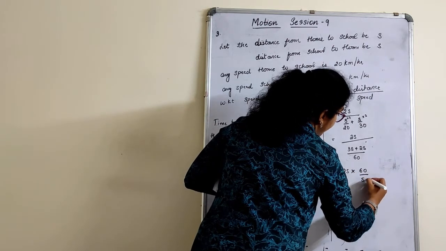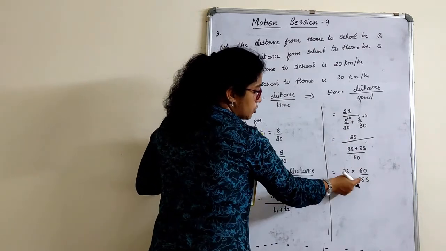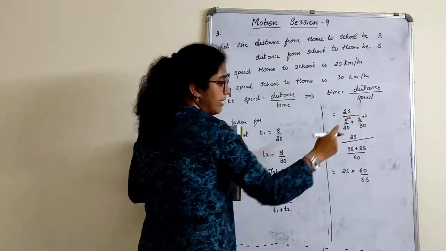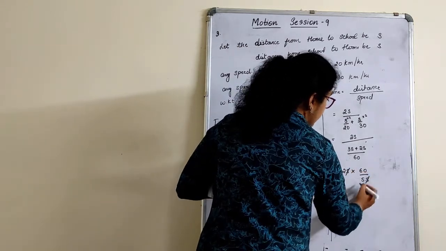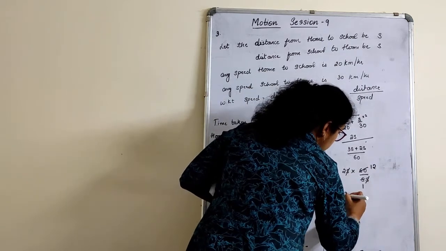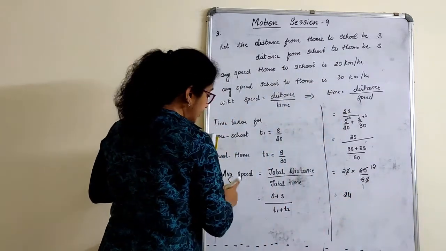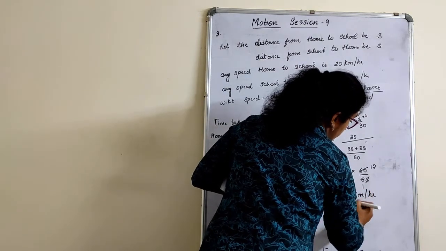Is this correct what we have done? 2S as it is. 3 plus 2 is 5. 5S upon 60. I have taken the reciprocal, 60 upon 5S, where S and S will get cancelled. 5 ones are 5, 12 twos are 24. What are you finding? Average speed, kilometer per hour.